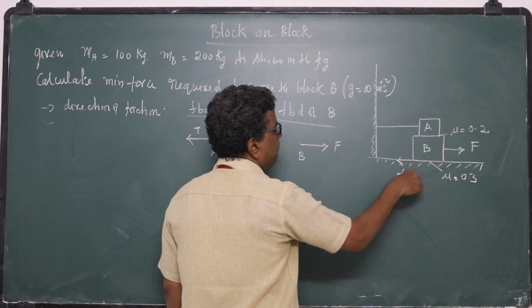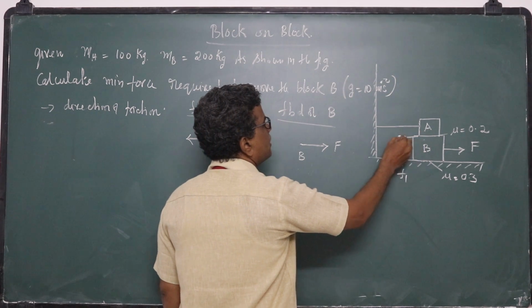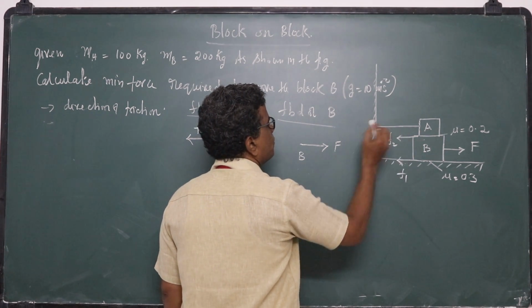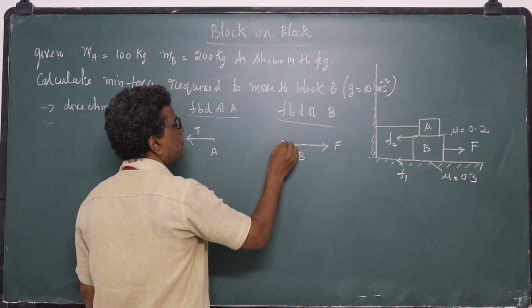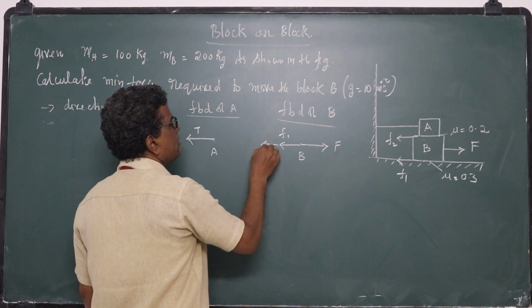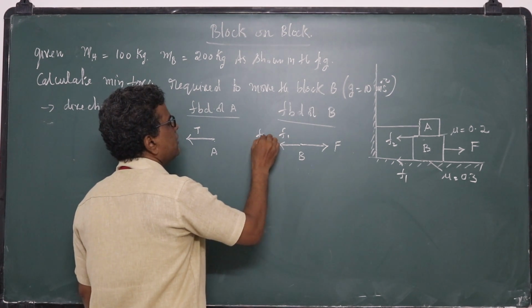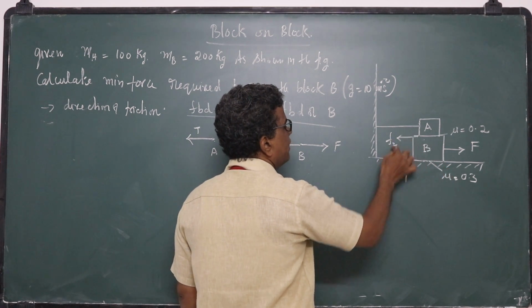Let it be F1. And there is friction between these two blocks. Let it be F2. So the forces acting on the block are F1 plus F2. They are acting in the same direction.